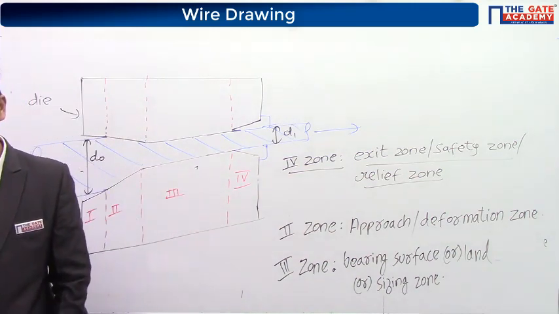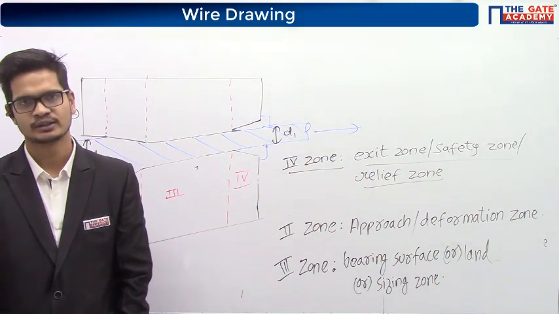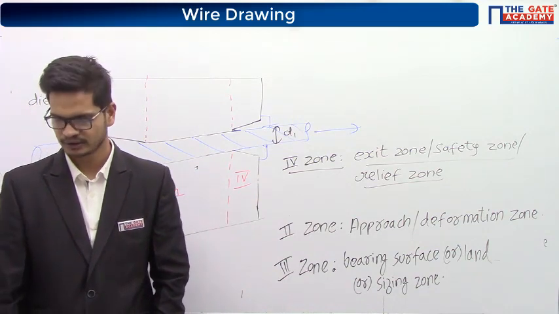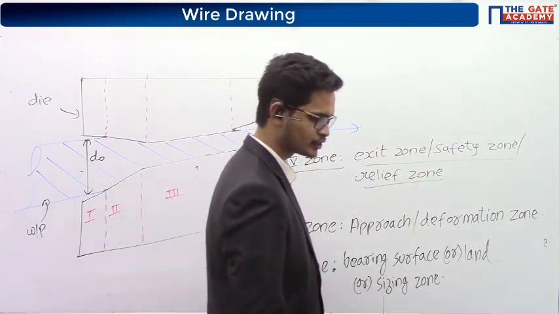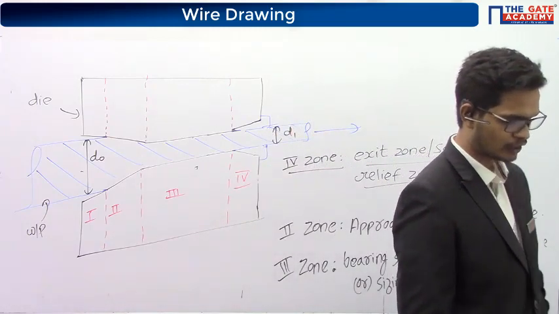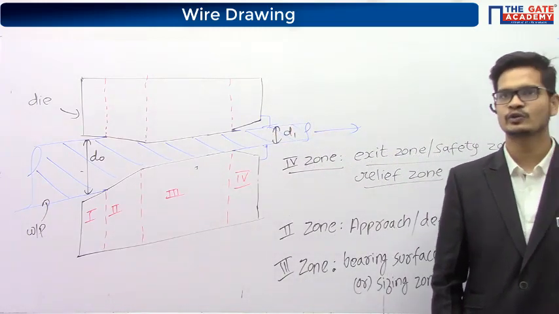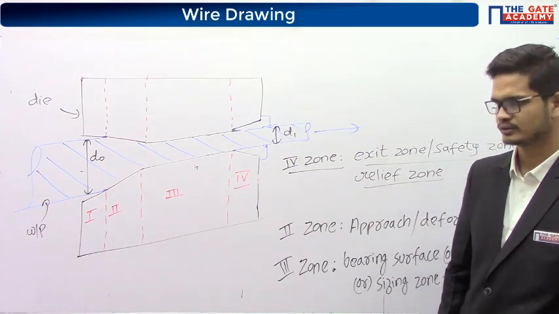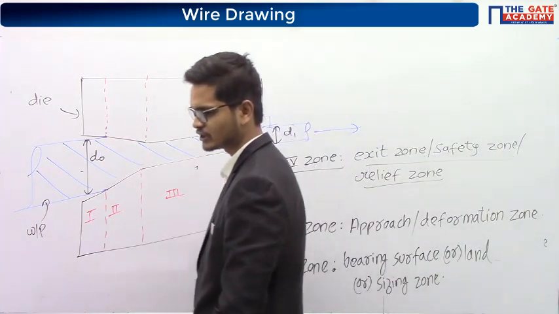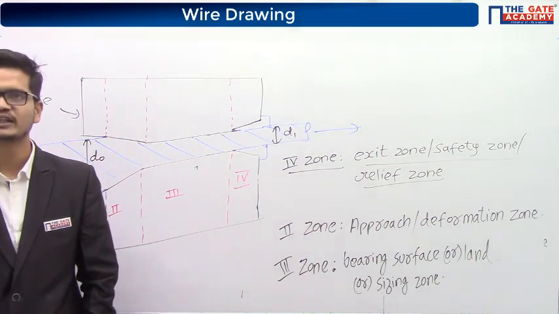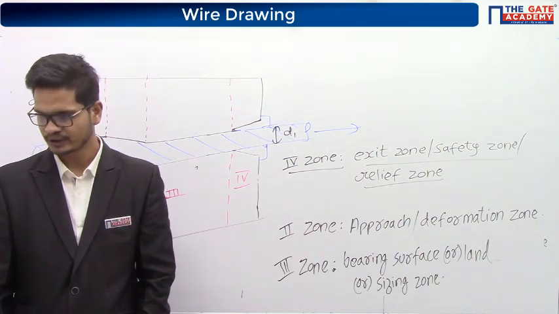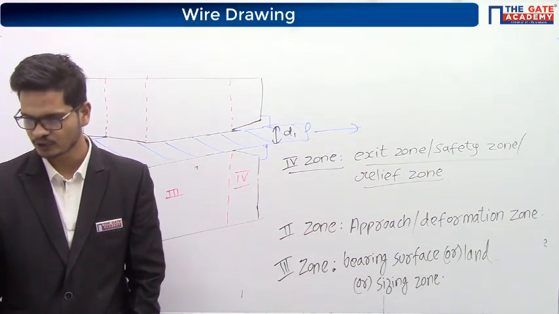To avoid this, a divergent zone will be provided as an exit zone.